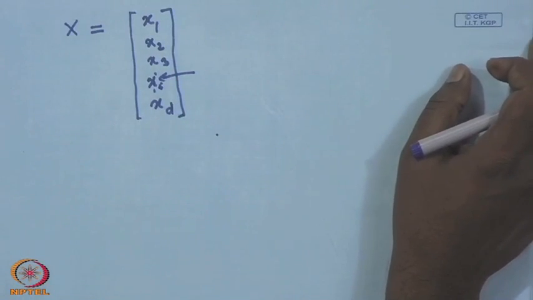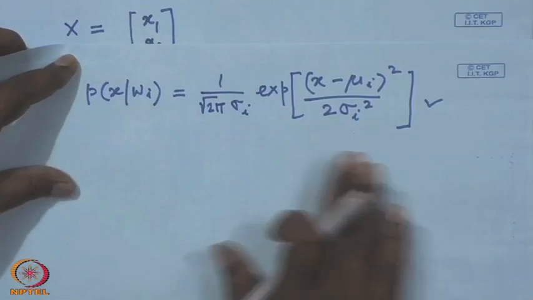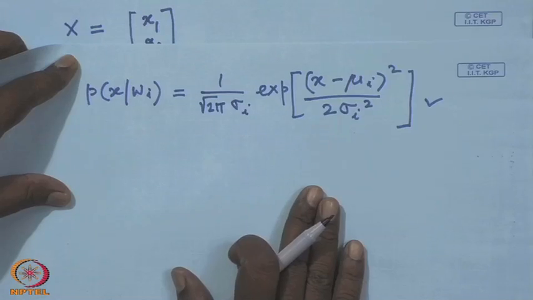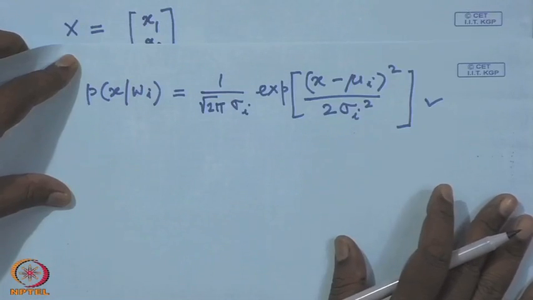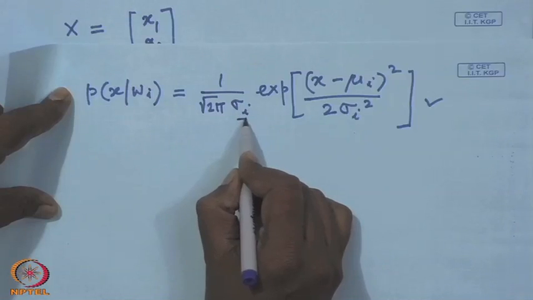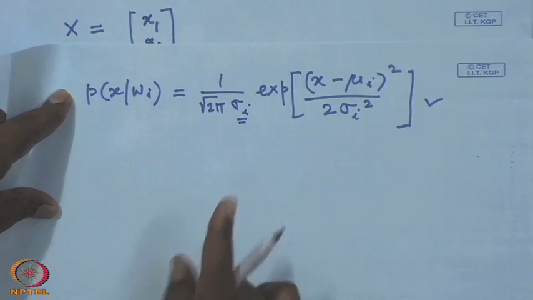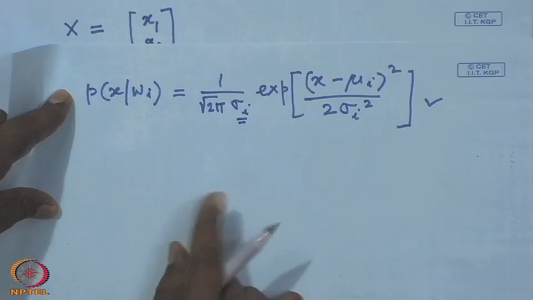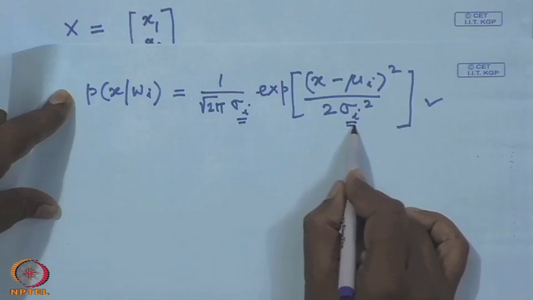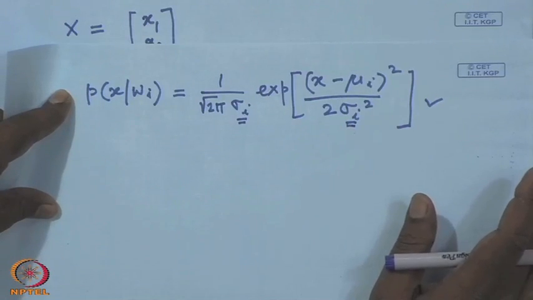So, this expression that we had written in case of a single variable now has to be written for a vector. In that case, obviously, this sigma i, which is the variance of a single variable of the samples taken from class omega i, or the variance sigma i square, has to be replaced by another term which is called the covariance matrix.